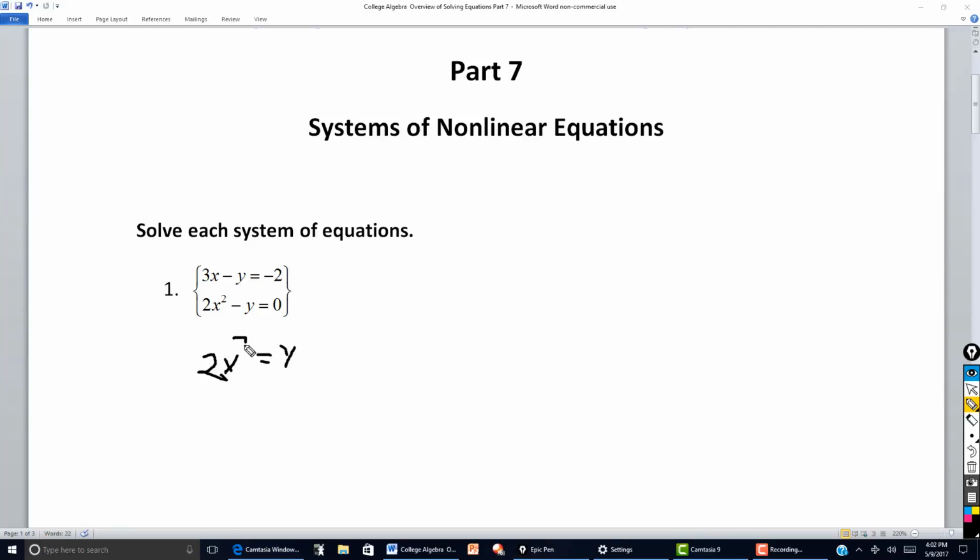So I could take that second equation, solve it for y, and then make a substitution into the first one. Where I have the y right here, I would have replaced it by negative 2x squared. I would have gotten the same equation as I got by elimination and the same solution. So there are various ways to do this.